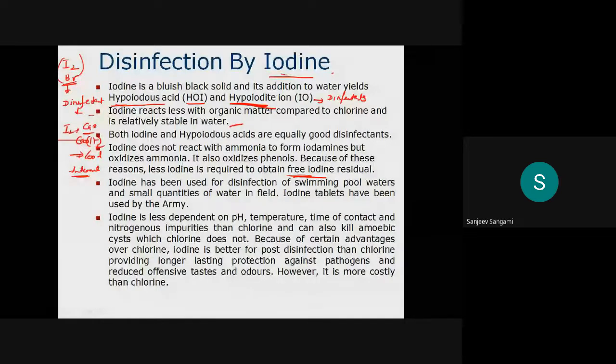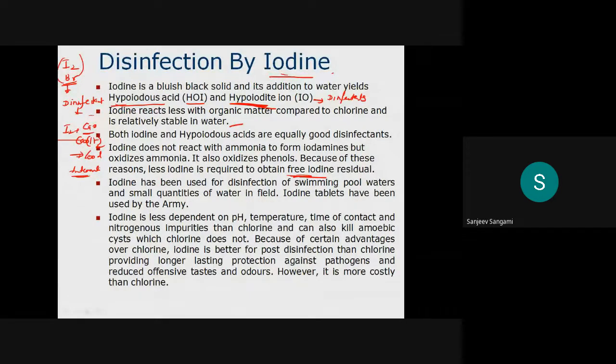Iodine has been used for disinfection of swimming pool water and small quantities of water in the field. Iodine tablets have been used by the army. This is a very important thing.